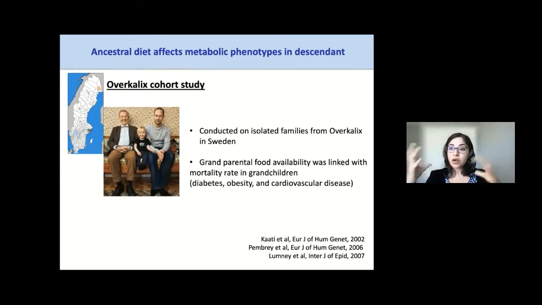By using all that data, they found that the grandfather's food supply was linked to mortality rates in grandsons. In other words, if there was plenty of food during the grandfather's growing years, then the grandson was more likely to die from metabolic diseases such as obesity, diabetes, and cardiovascular disorders. This was quite a striking study and pointed to the idea that the environment we're exposed to is affecting our future generations' health.